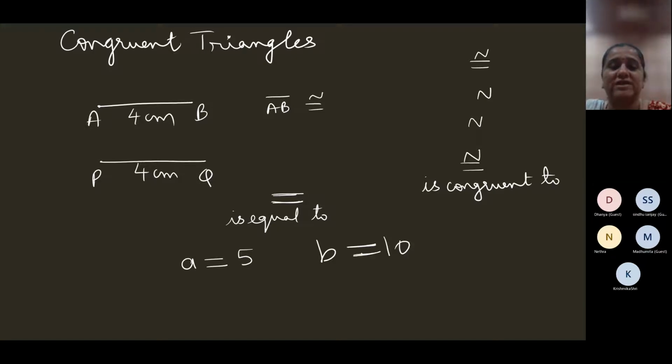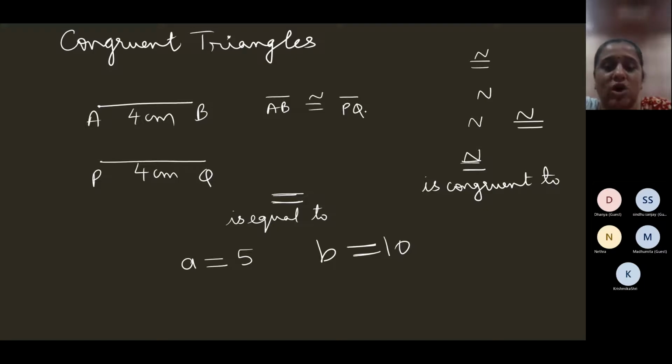So this symbol is read as is equal to. Similarly, this symbol is read as is congruent to. See here, this equal to symbol and an S kind of a thing above it. Is congruent to. So line segment AB is congruent to line segment PQ.